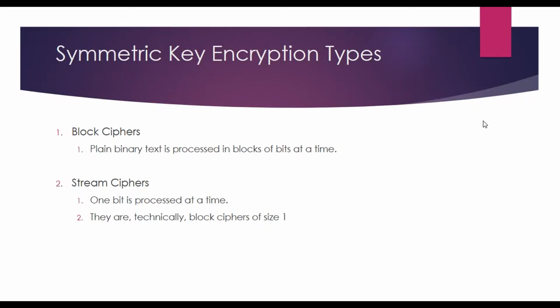Suppose we have an input text of 1 2 3 4 5 6 7 8, and my block cipher algorithm is designed to process 4 bits at a time. So it will pick out 1 2 3 4 and then 5 6 7 8. So we have these 4-bit blocks.